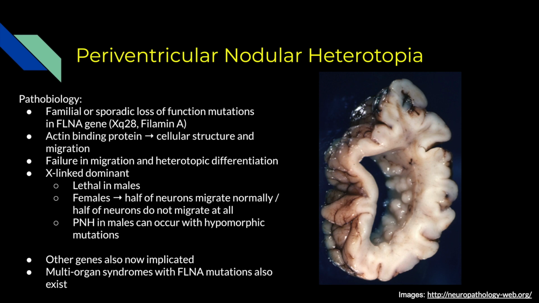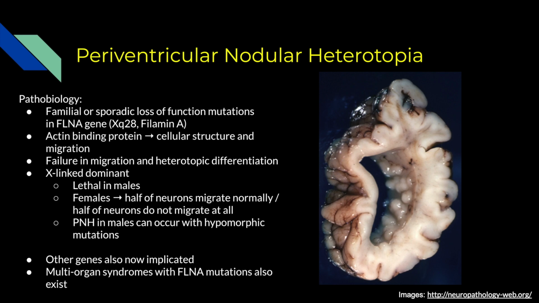So this is either a familial or sporadic loss of function mutation in a gene called filamin A, which is on the X chromosome. The protein filamin A is an actin-binding protein involved in cellular structure and migration. So when it's defective, cells are unable to migrate properly, and it affects things like neural migration.